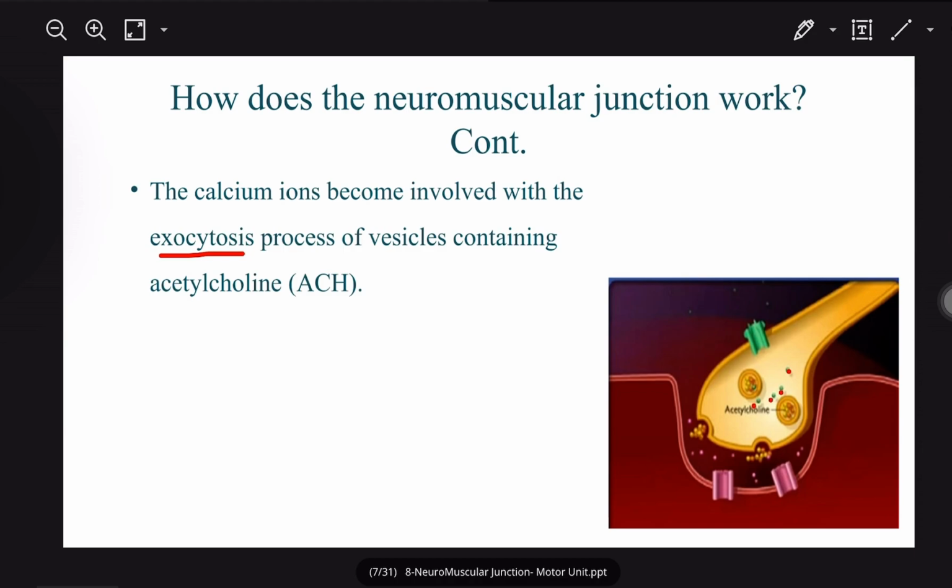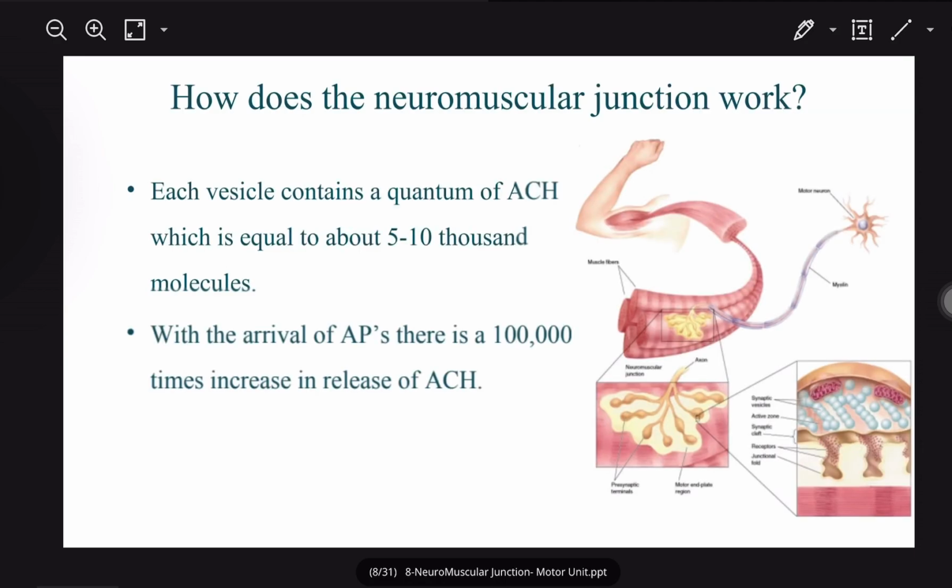The calcium goes inside here and opens this channel, or maybe more of a membrane, and then the acetylcholine comes down here. The acetylcholine will reach this cleft, but we're going to call it differently now because it's near the neuromuscular junction.